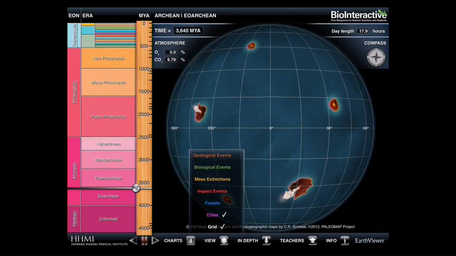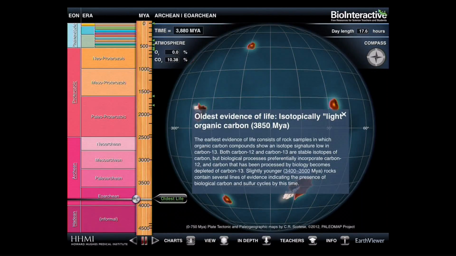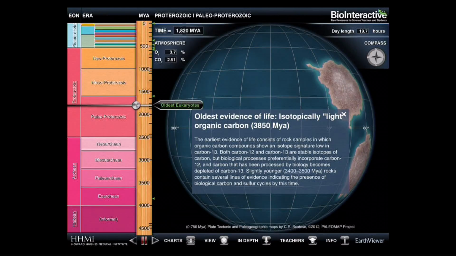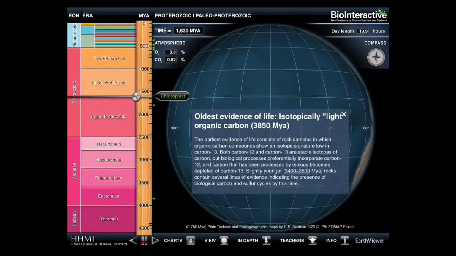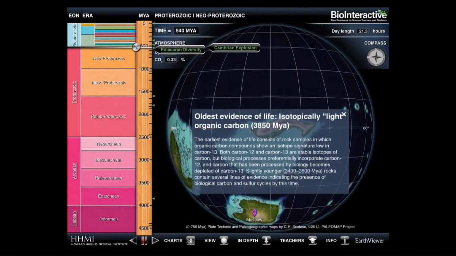If you click on biological events, as you're going through, you see, oh, here we have the oldest life on Earth. I click on it. It gives kids information about that and how we have evidence to support it. If you keep going up, you see oldest eukaryotes, chloroplasts, and so on and so forth.